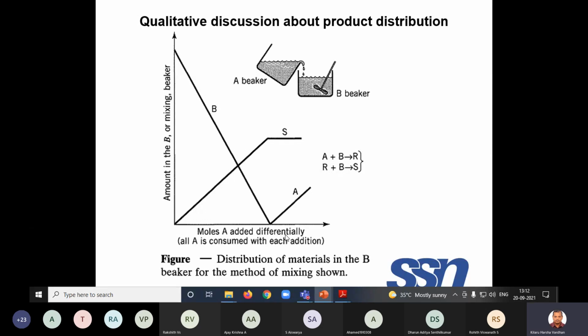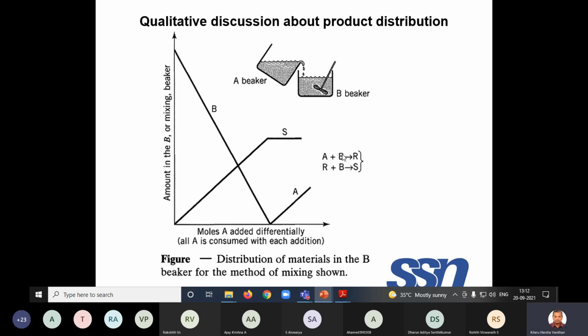Moles of A are added differentially. So all A is consumed with A's addition. The moment you add A, it gets consumed because less of A is there, more of B is there. Therefore, it gets consumed and forms R. So the R value goes on increasing. Then what will happen as R forms?